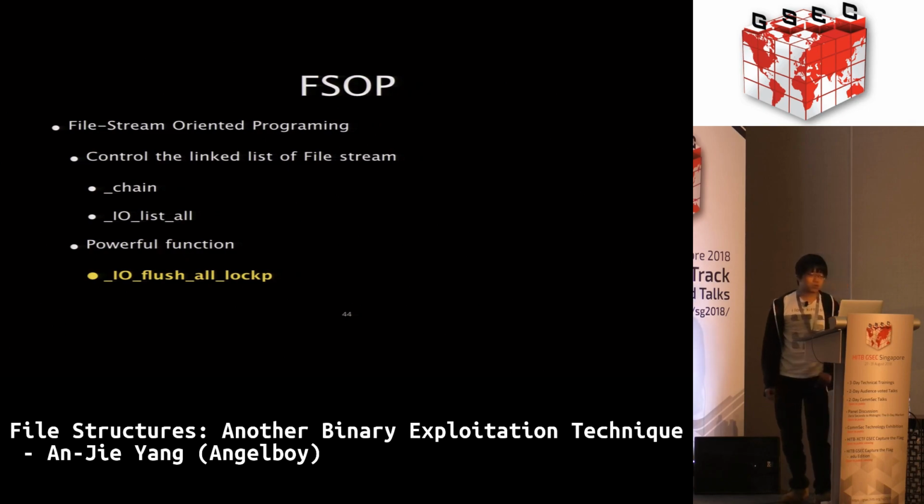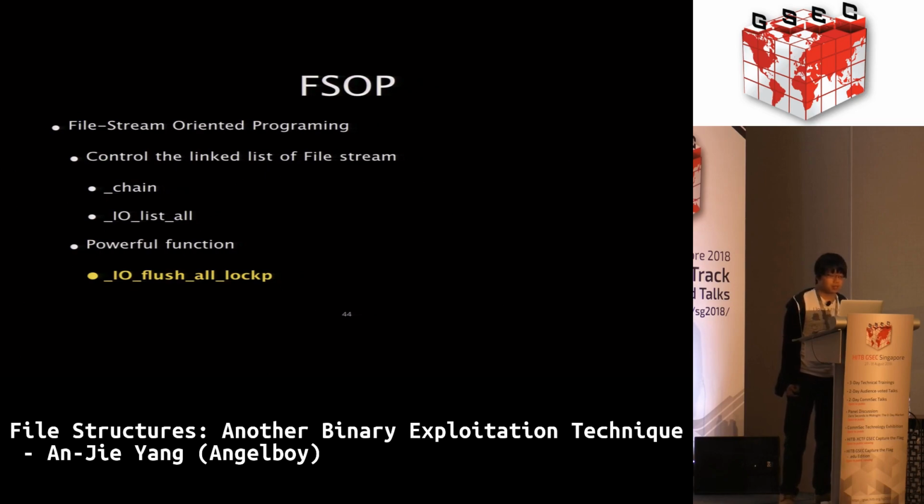If we want to do file stream oriented programming, we need to control the linked list of file streams and find a powerful function that will call virtual functions again and again. It is a powerful function called IO_flush_all_lockp, which we can easily trigger in several places.